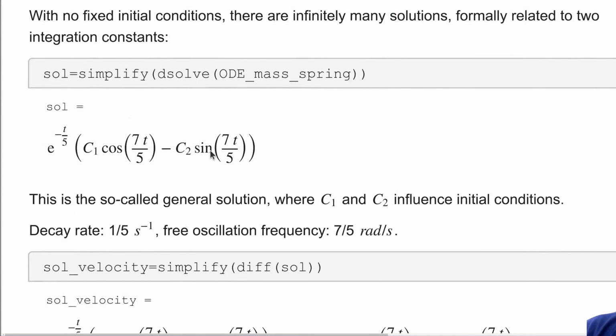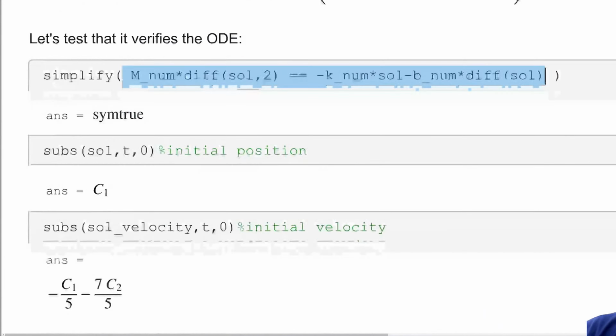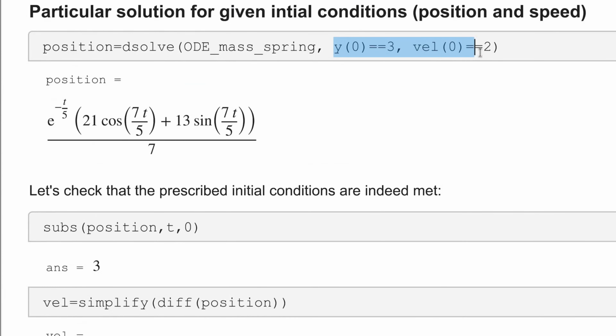So this expression is called the general solution. All the spring movements have this expression. And when I fix initial position and speed, then I get a particular solution fitting these initial conditions, and dsolve computes the suitable values of C1 and C2. So I get this expression for the spring position.